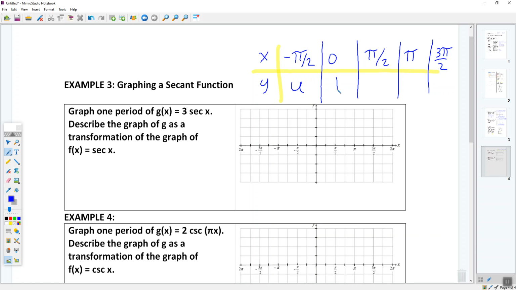How about pi over 2? Undefined. How about pi? How about 3 pi over 2? Undefined. Now guys, the secant is a reciprocal of which function?